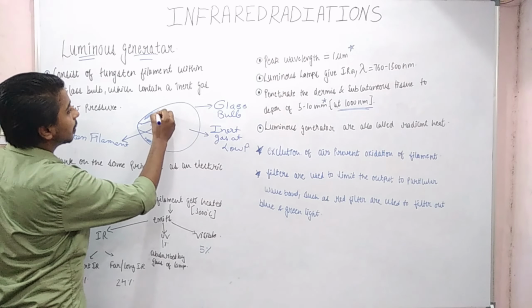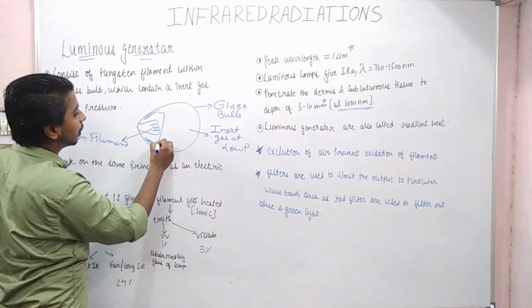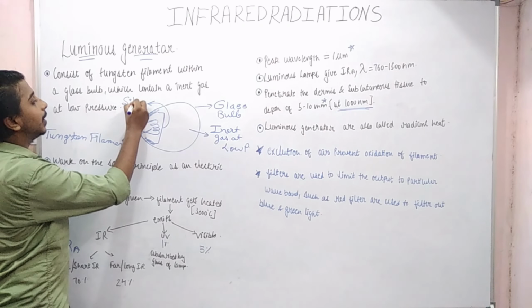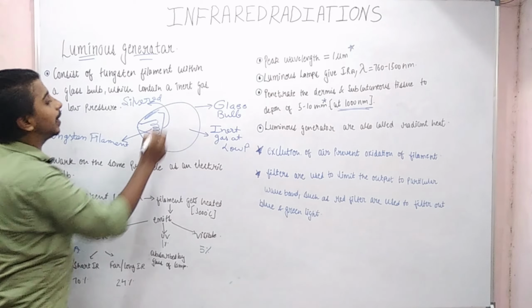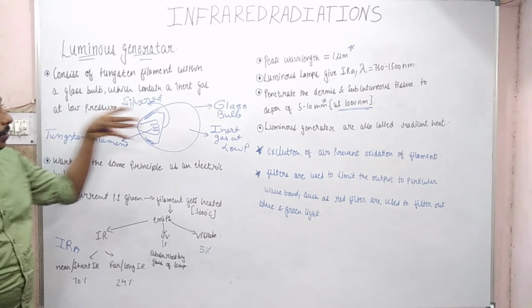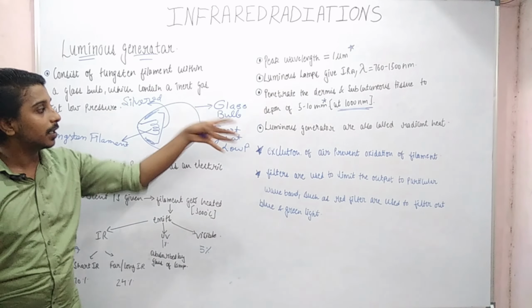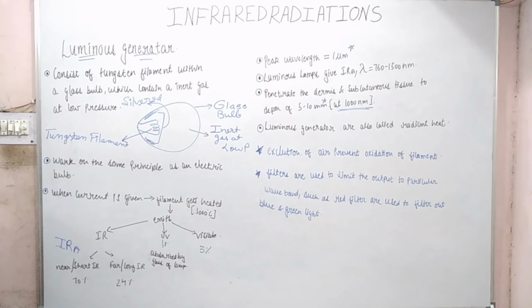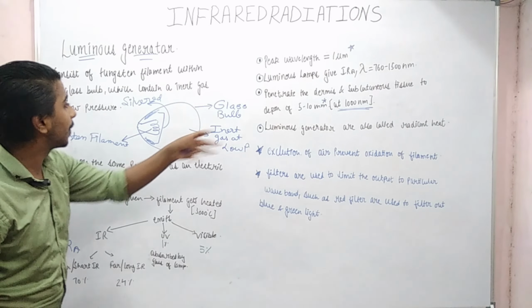Why was it silvered? To prevent wide spreading, so that a reflector is formed and all the rays move in a single direction. Okay, they are moving forward.